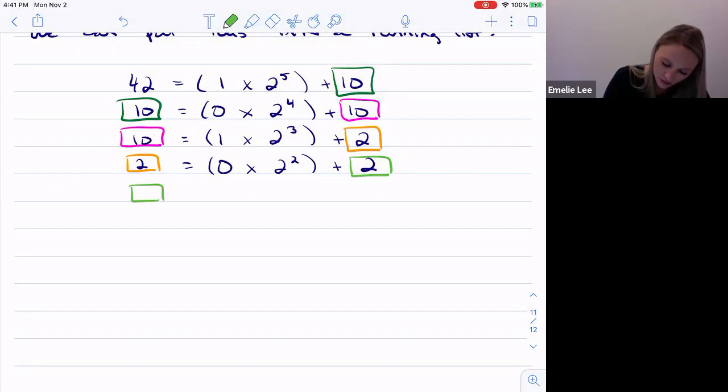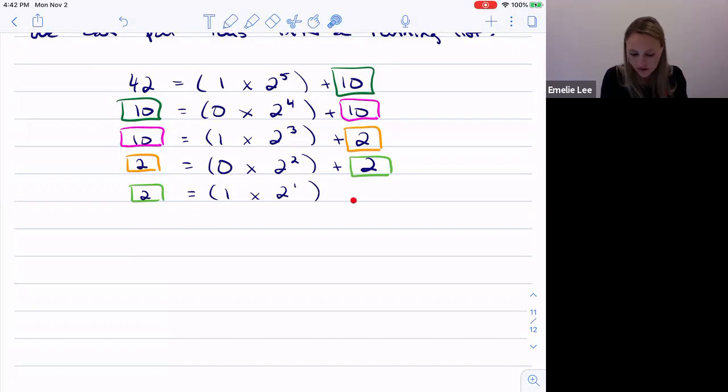Finally, I'm going to get to deal with it. 2 is 1 times 2 to the power of 1. And my leftover here is 0, so plus 0.